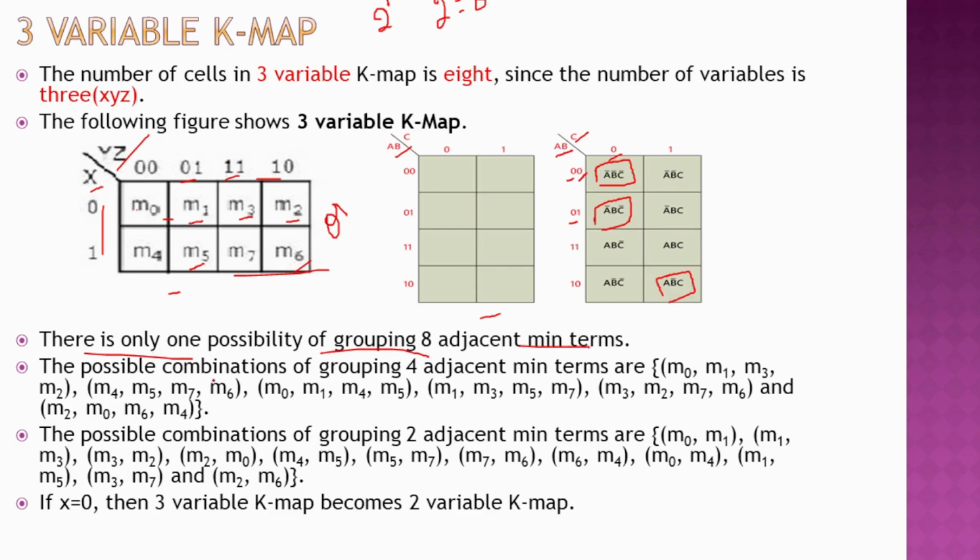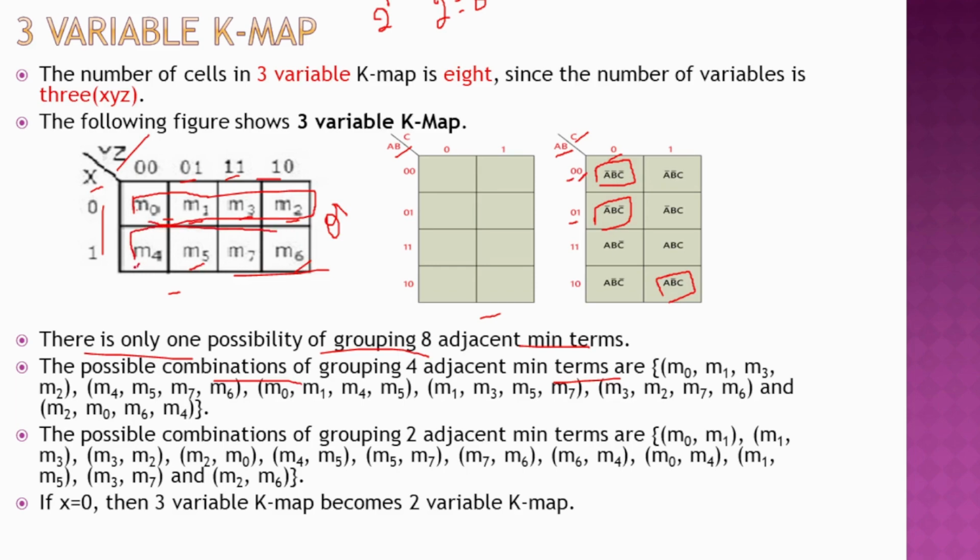The possible combinations of grouping 4 adjacent minterms are: either you will group this, or you will group this, or you will group with this.